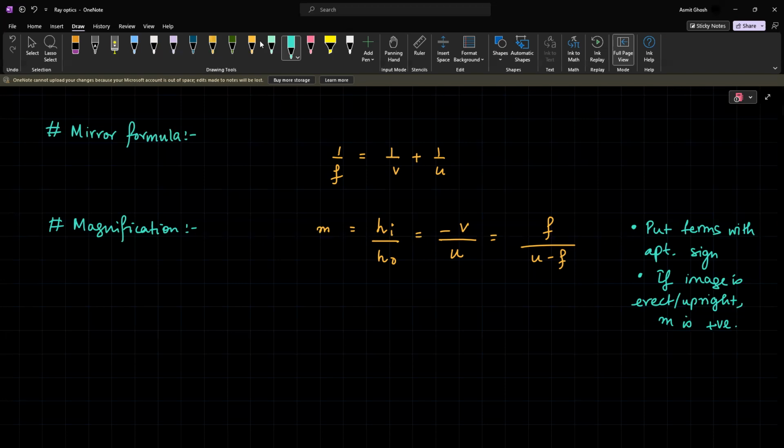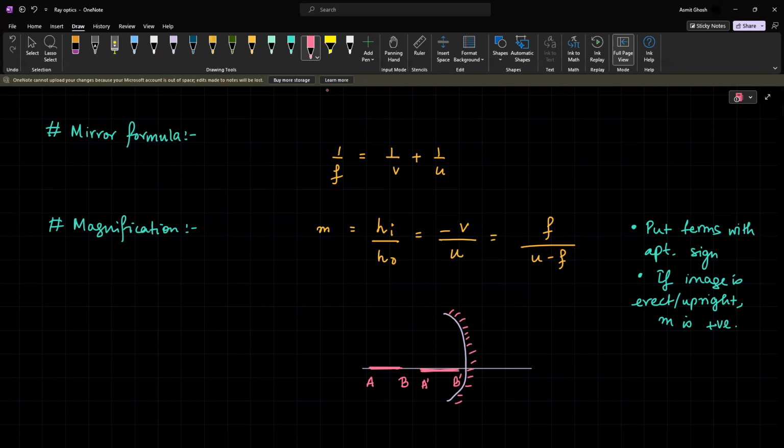Tell me one thing. Suppose the object is here, like this. This is the object AB, which is technically parallel to the principal axis. And the image formed is here, A dashed, B dashed.